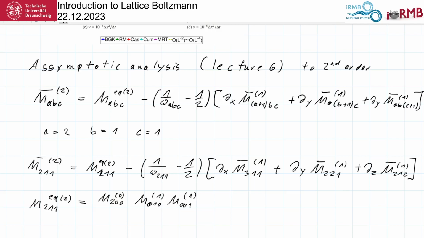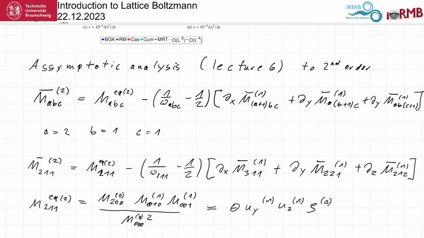a second moment has only even parts, and the first order moment has only odd parts. So this is why this will disappear, and all of this is divided by M0, so it is normalized by the density square, which gives you theta uy 1 uz 1 and rho to the zero order.